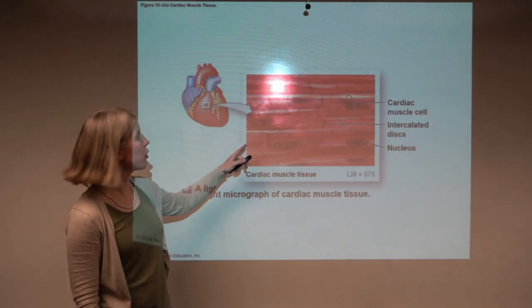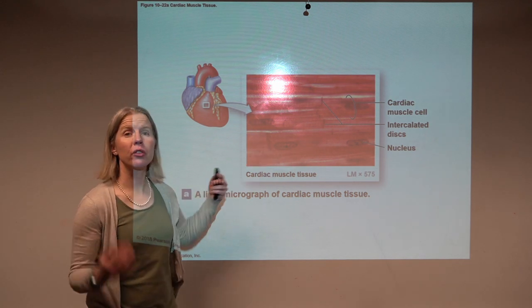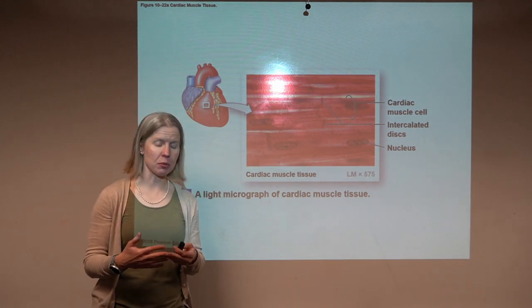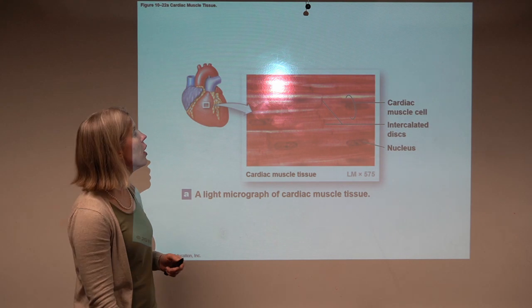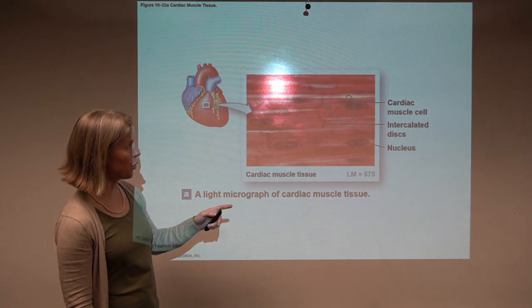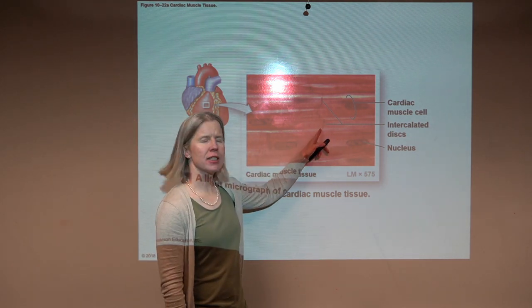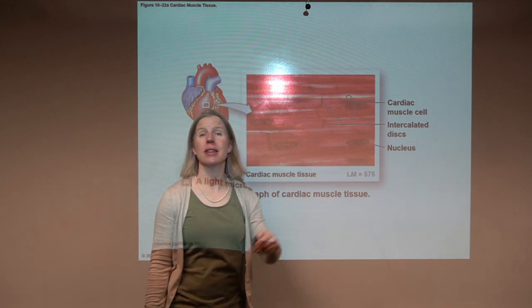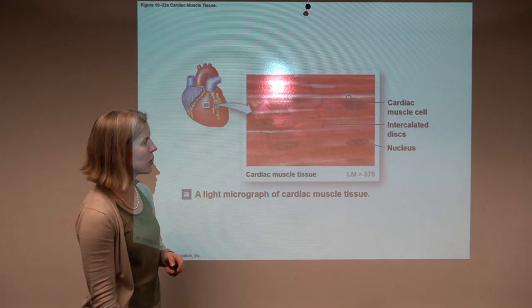Okay. So remember, if we looked under the microscope, we could still see striations, which tells us that this muscle is arranged in sarcomeres, similar to skeletal muscle. We did have this difference. We had these intercalated discs that we found in cardiac muscle.